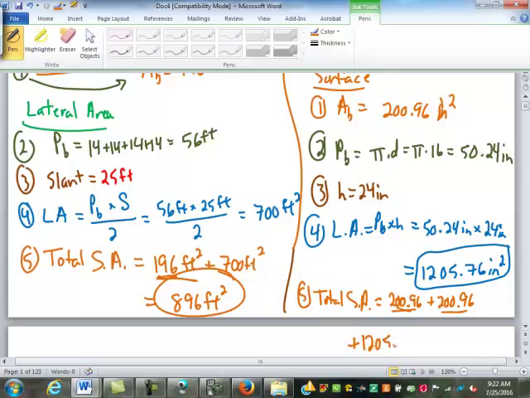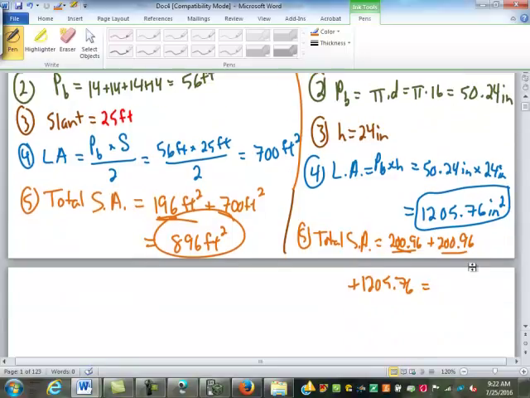Plus the 1205.76 square inches. And that adds up to, what, 1406? What's that? 1607.68. Perfect. And that is in square inches.